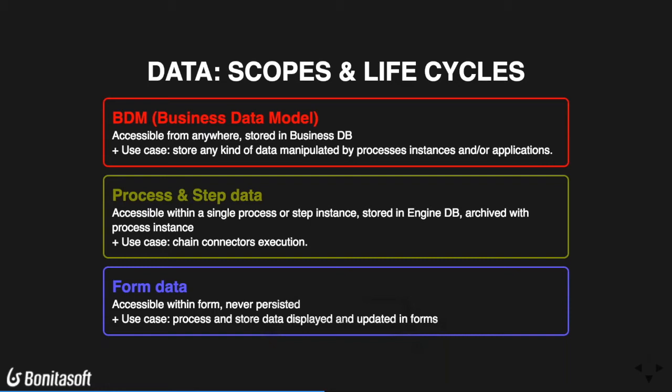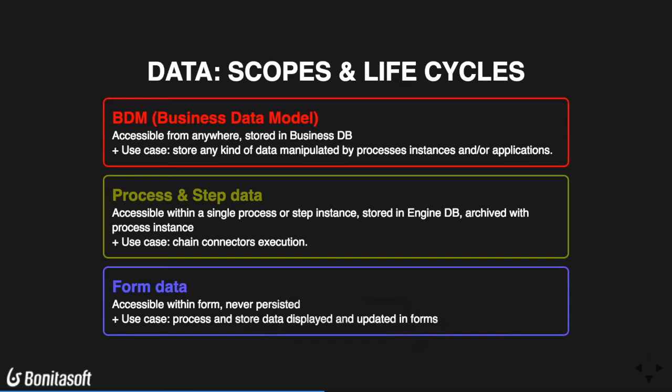To manage data in the Bonita BPM platform, we have three different types of data. The first one and the main one is the business data model, also known as a BDM. It's basically a data model based on object-oriented design.